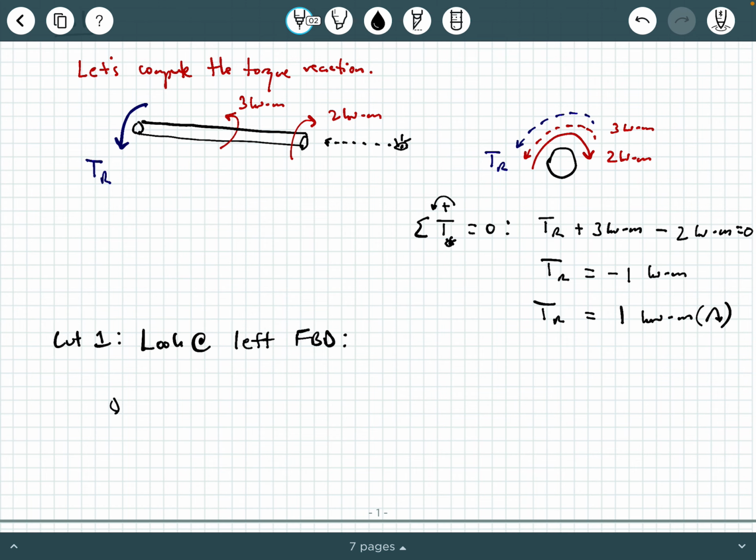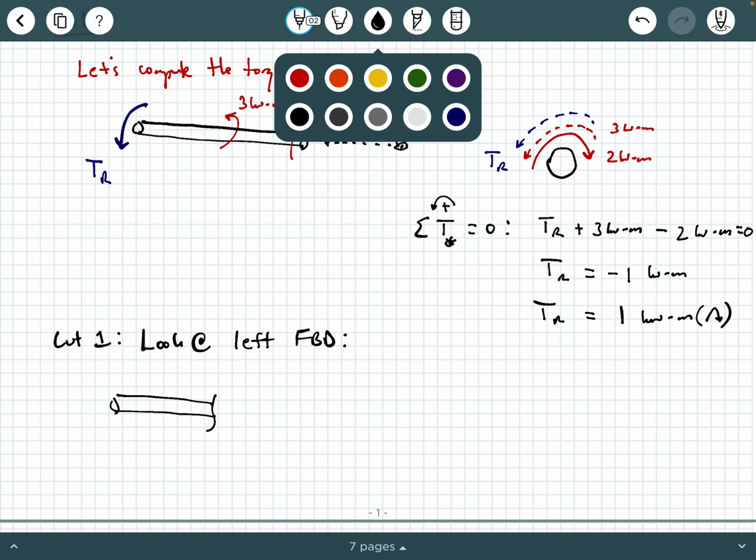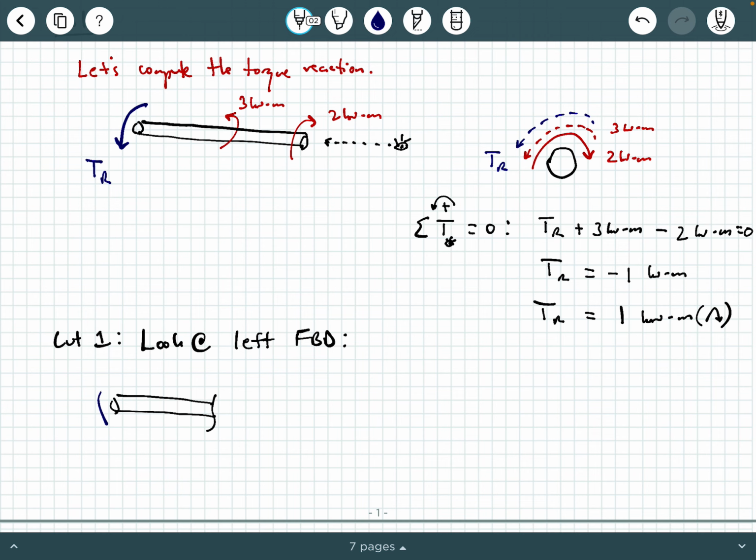Well, we have the shaft here, and we have a cut somewhere in between TR and the 3 kilonewton meters, but it's not going to include that. It could be a cut anywhere up to the 3 kilonewton meters, all right? And then we calculated TR is going in the clockwise direction based on that initial viewpoint, right? So that TR is 1 kilonewton meter.